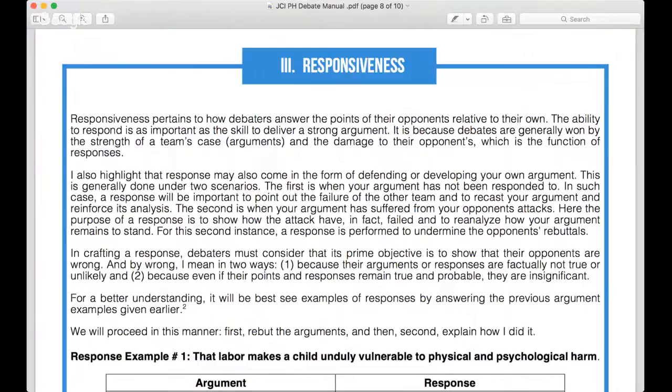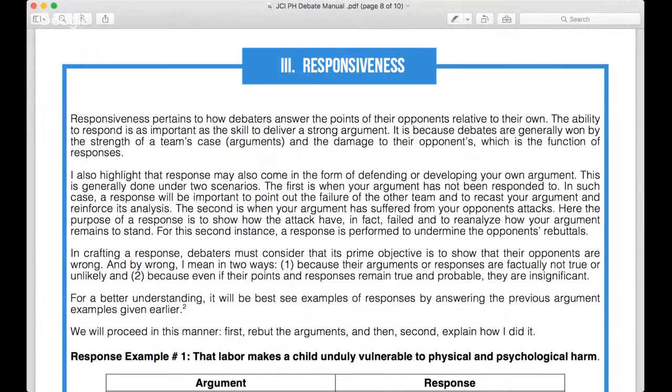Before we discuss the different kinds of rebuttals, responses come in various forms, but we're going to talk about two different scenarios for today. The first is when your argument has not been responded to.